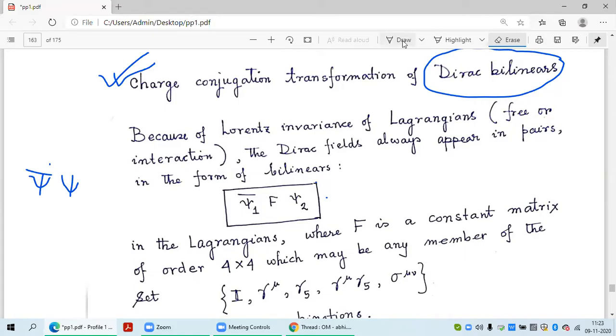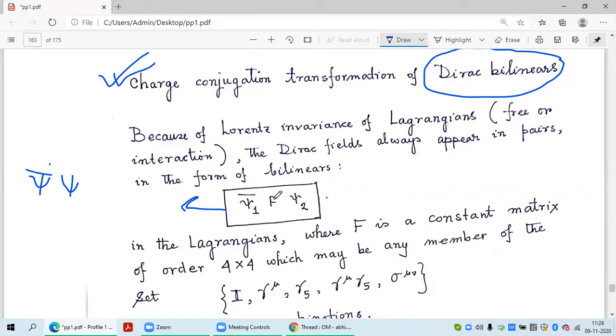Is it clear? Now, F is a general 4 cross 4 matrix which is constant, not dependent on space-time, so under Lorentz transformation F will not change.